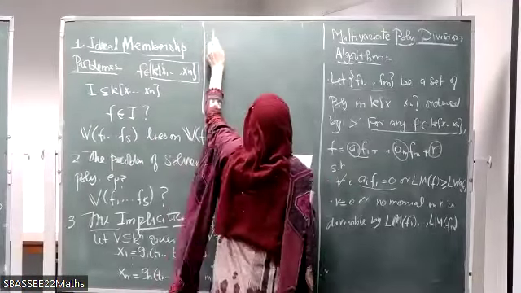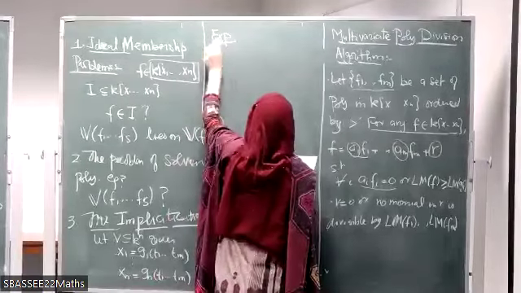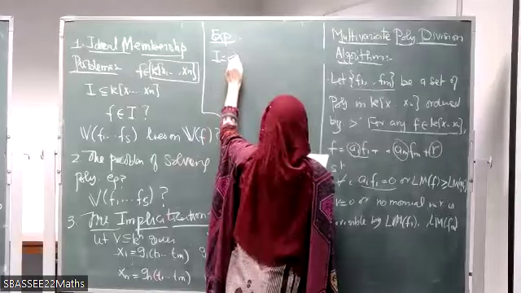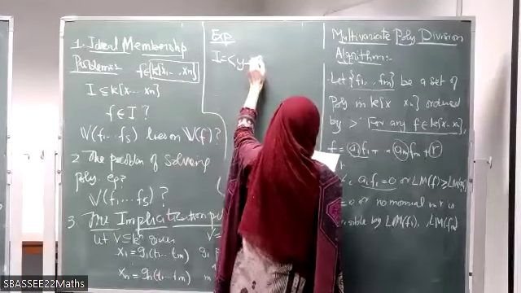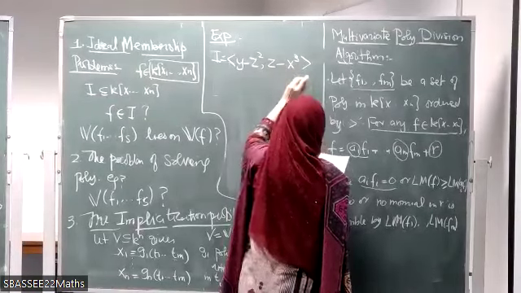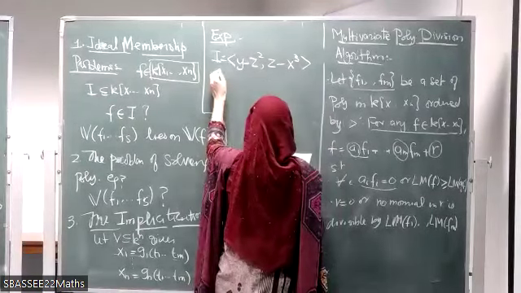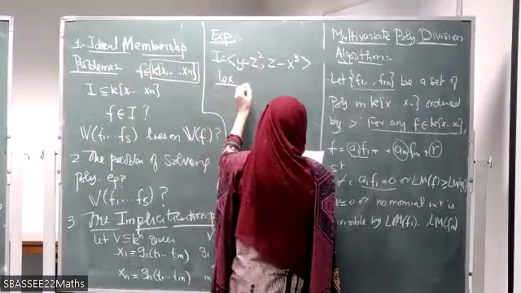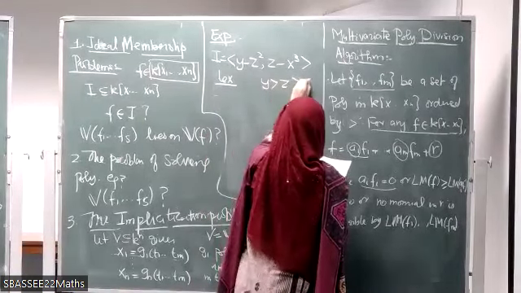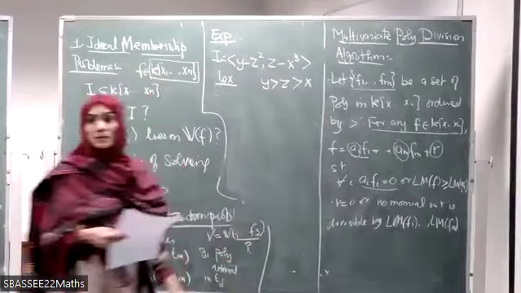So let's take an example. I have an example in 3 variables, x, y, z, and I'm taking the lexicographic order with y bigger than z bigger than x. So I'm taking my order in this way.